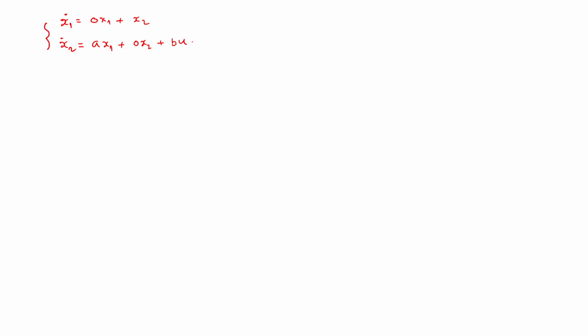This is case 1, h1 equilibrium equal to pi. Another case, h1 dot is still 0 h1 plus h2, and h2 dot equal to minus a h1 plus 0 h2 plus bu. This case is h1 equilibrium equal to 0.